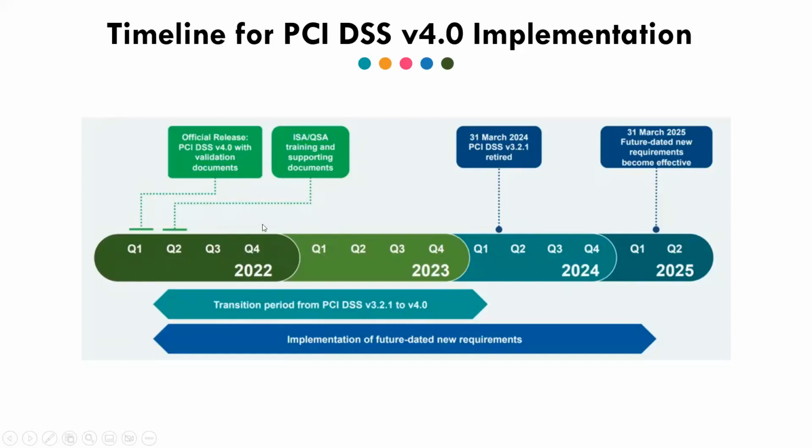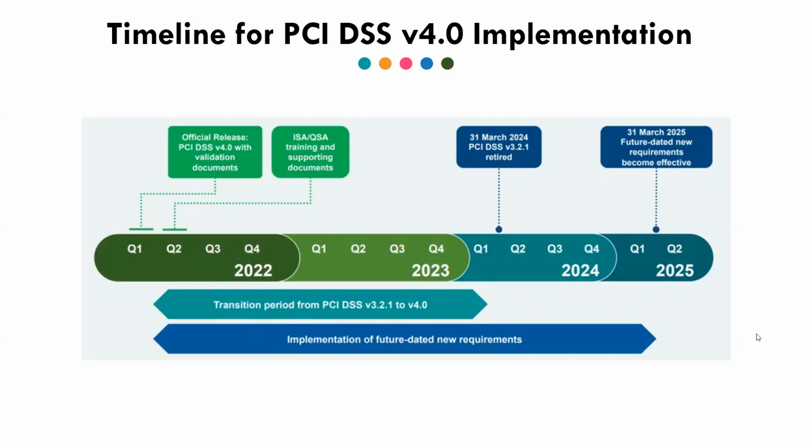Now from this time all the way until version 3.2.1 totally goes away, organizations can choose to stay in compliance with version 4, right? If you choose to comply with version 4 early, it will be better for your organization, but you have to be prepared for it, right? Because by the time the transition is fully in place, you'll already be in a better place, okay?